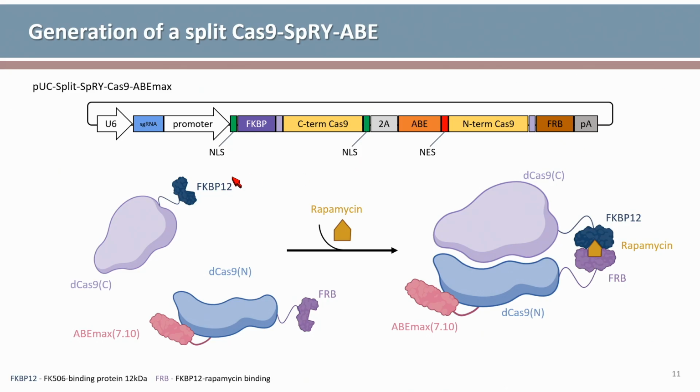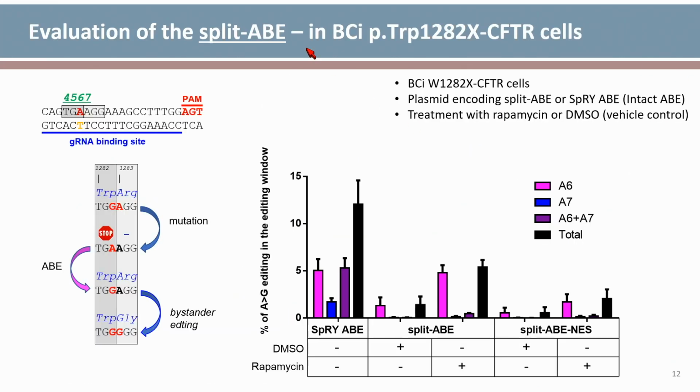Well, in fact, we have two constructs, either with both nuclear localization and nuclear export signals, or only nuclear localization signals in the C-terminal fragment of Cas9, and also 2A self-cleaving peptides to separate the two halves of Cas9.